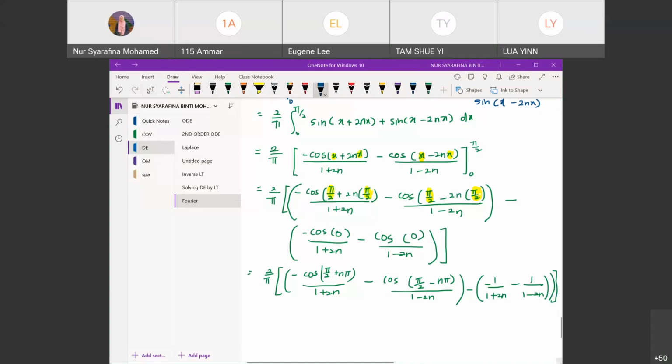Okay, so this one cos 0 is 1, right? And then this one only simplify 2n with pi over 2 here.